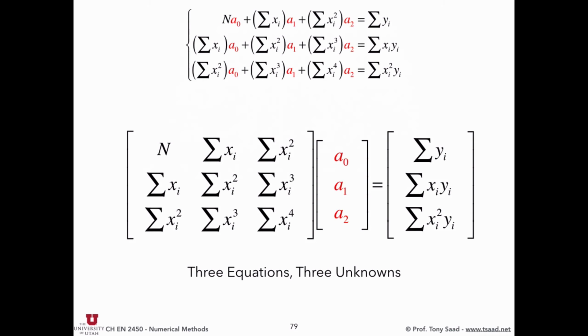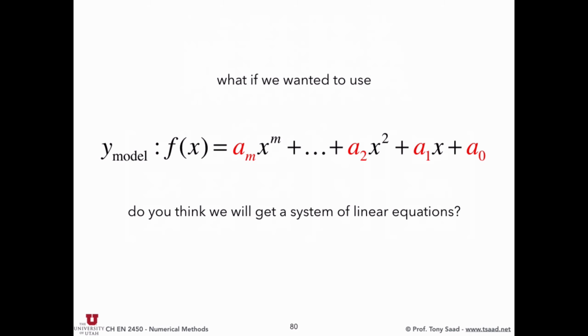Okay, so now the question is, can we generalize this to an arbitrary polynomial of order m? Okay, so now we're going to get confused between n and m. So we're going to use n for the input data points and m for the polynomial order, okay? And I will try not to mess with you on the exam and switch the nomenclature, but we're going to stick with m for the polynomial and n for the data.